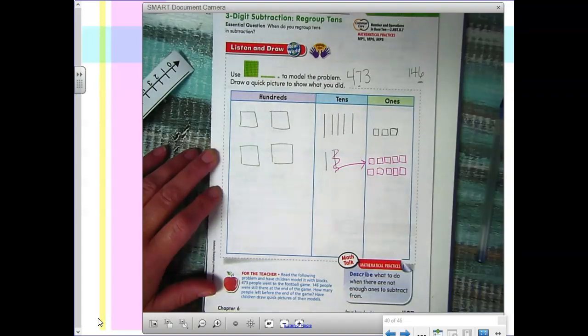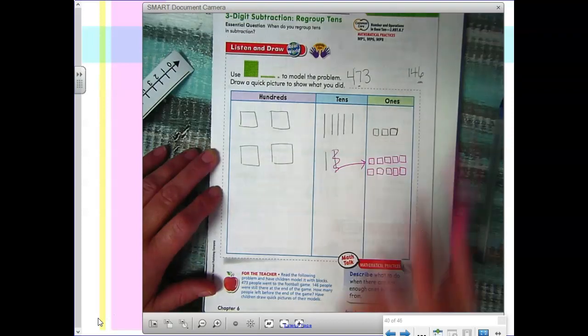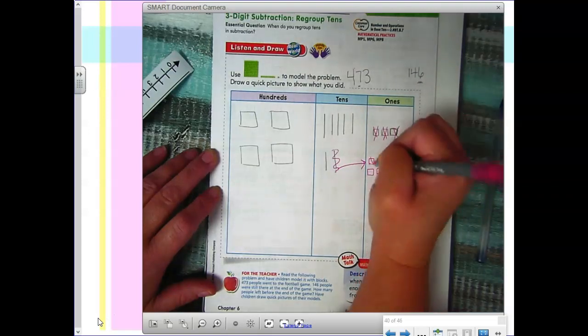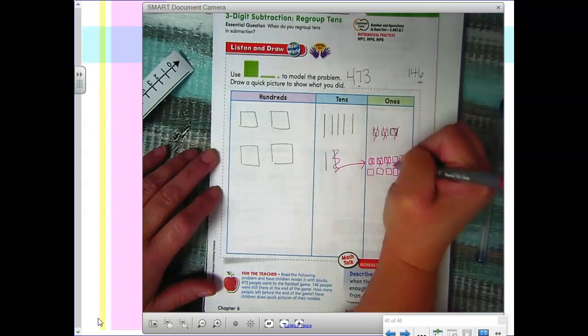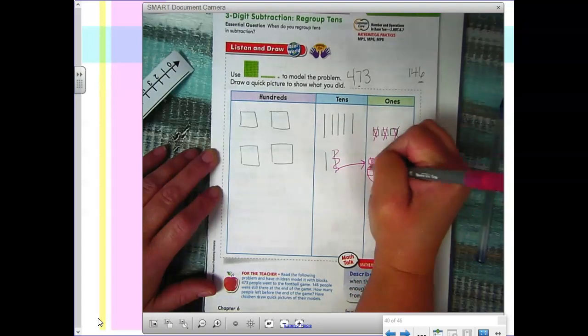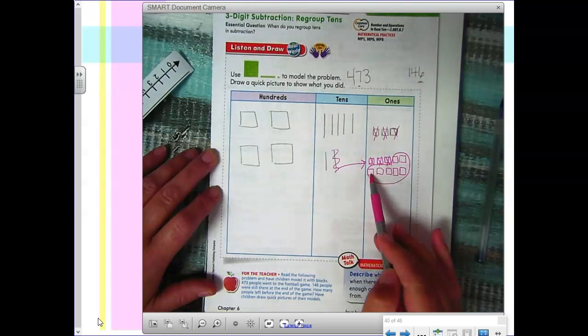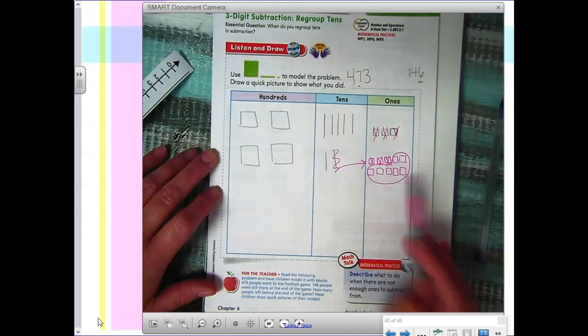Now I can cross out 6. 1, 2, 3, 4, 5, 6. Let's count how many are left. 1, 2, 3, 4, 5, 6, 7.